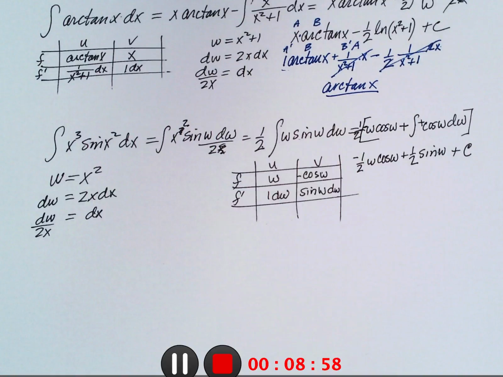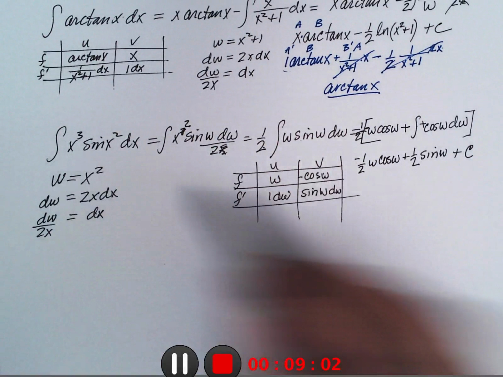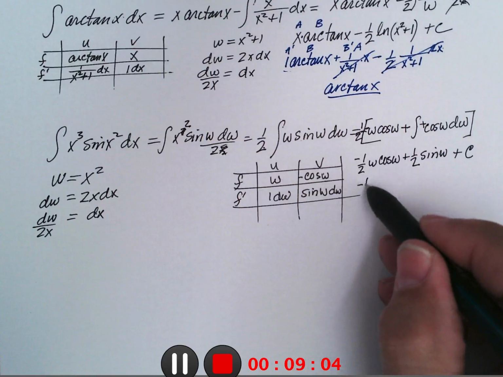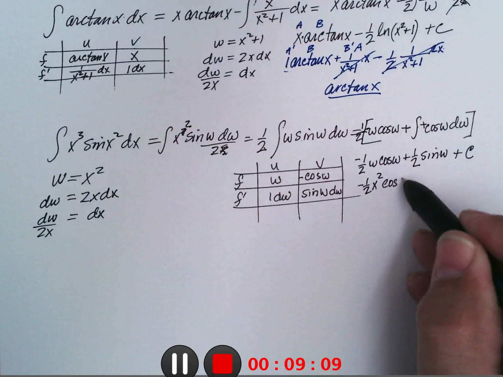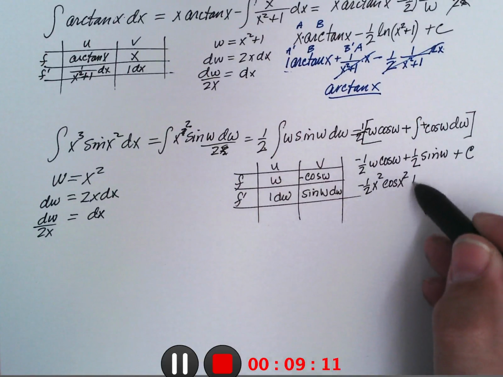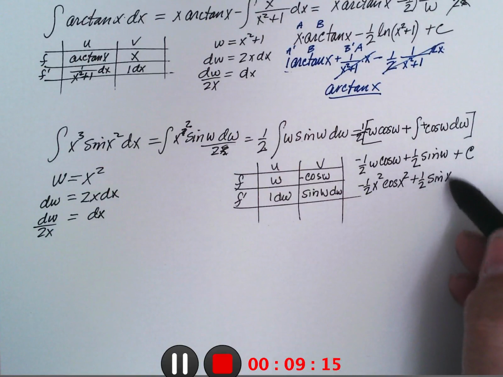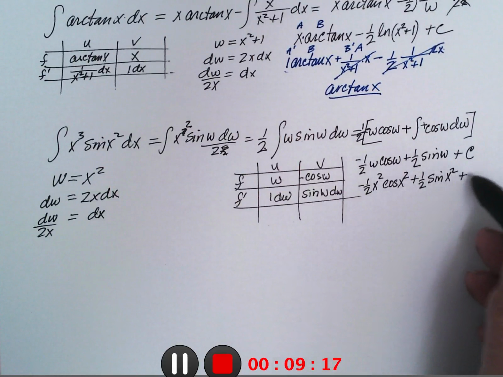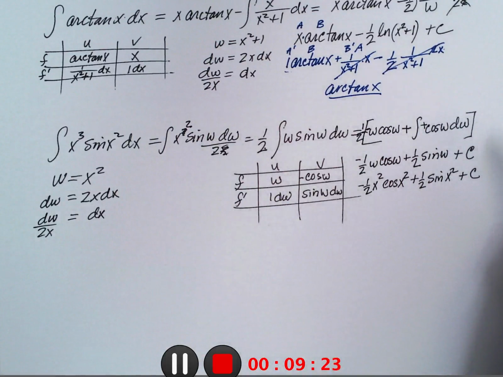So now let's take it back to the x's. W was x squared, so we have minus 1/2 x squared cosine x squared plus 1/2 sine of x squared plus c. All right.